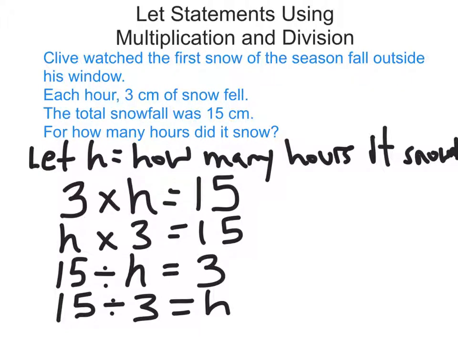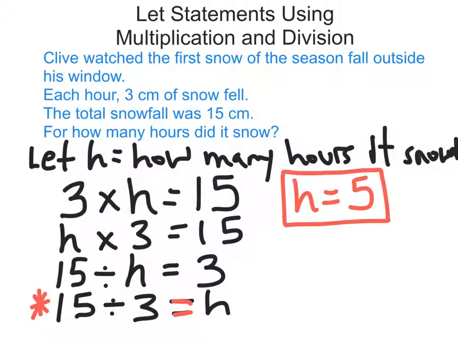Now, which of these equations do you think is best to use? Well, the one that gives me 2 pieces of information before the equal sign is this one here. 15 divided by 3 equals h. And if I know my division properly, 15 divided by 3 is 5. So h equals 5.